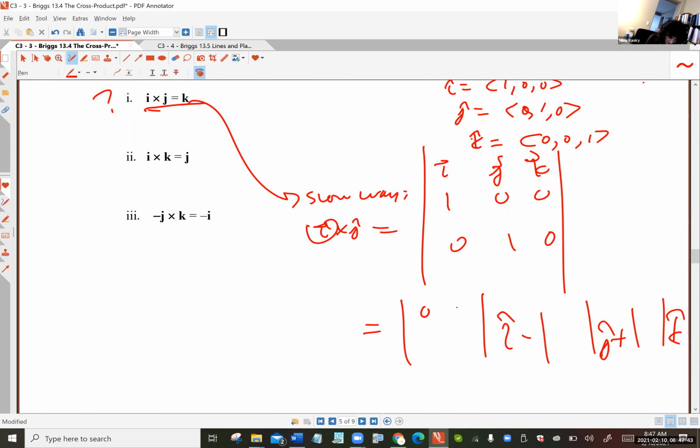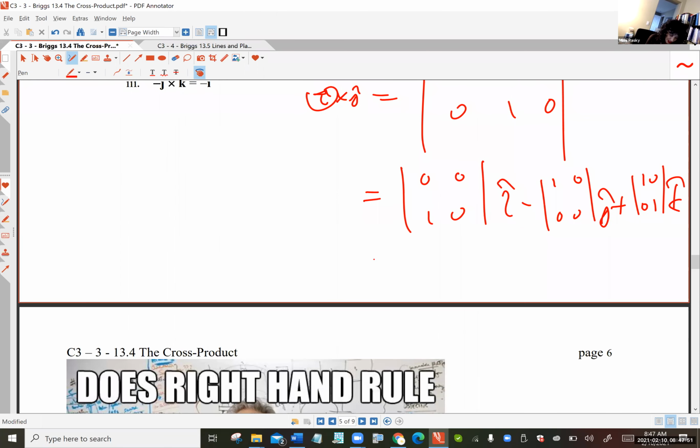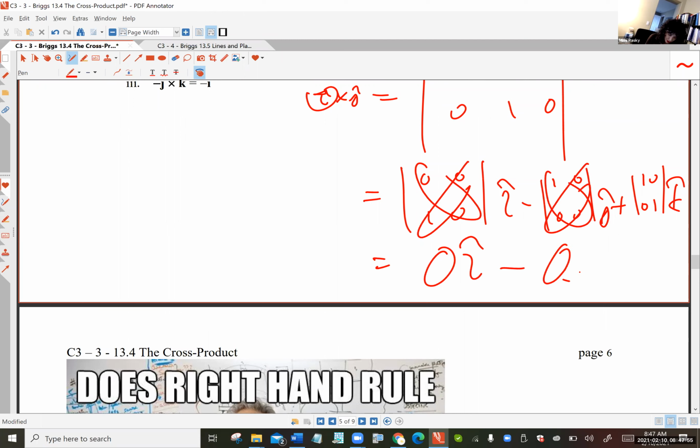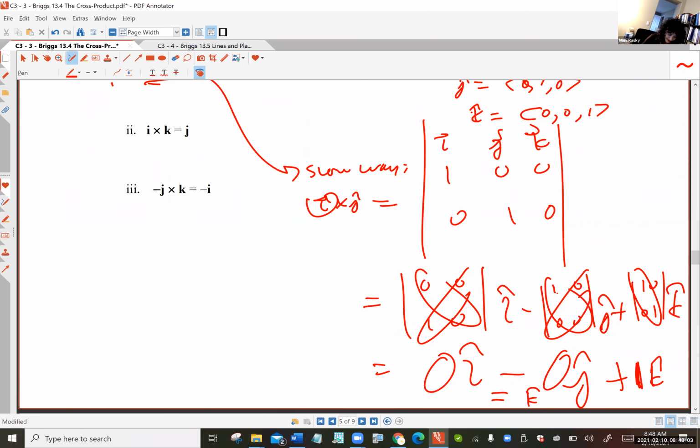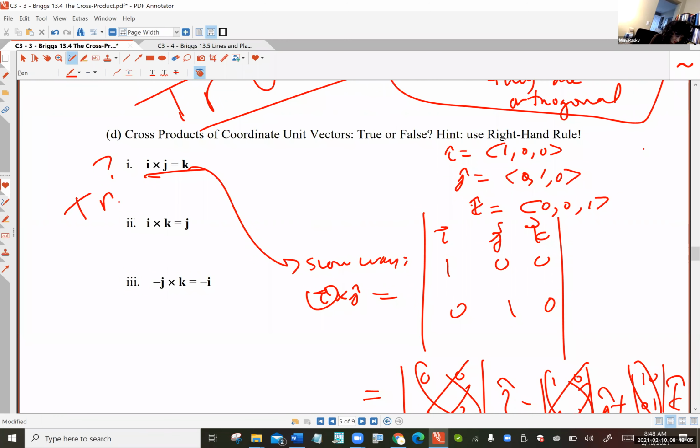I'm going to do this really fast. So here, 0 minus 0, 0 i hat, minus 0 minus 0, 0 j hat, plus 1 minus 0 is 1 k hat. So that looks like it's going to be k hat. Yeah? True.